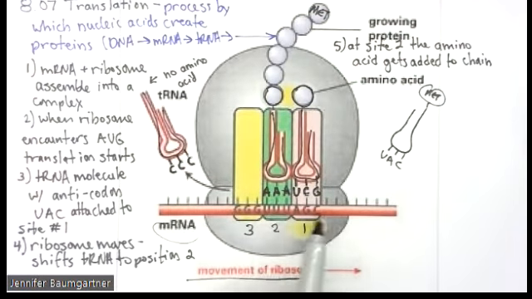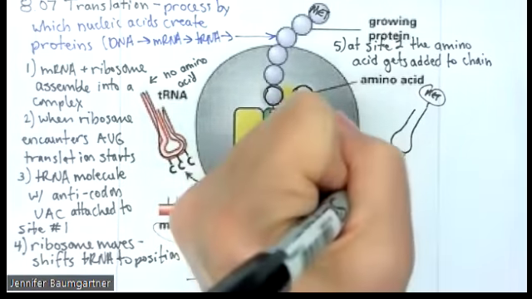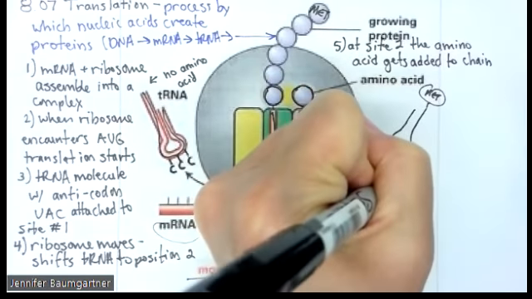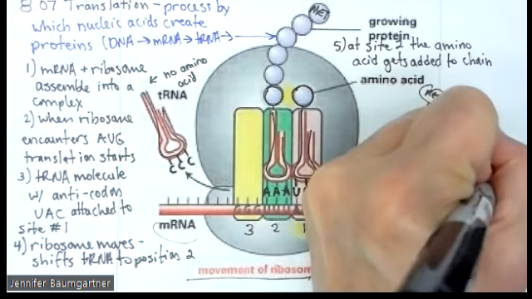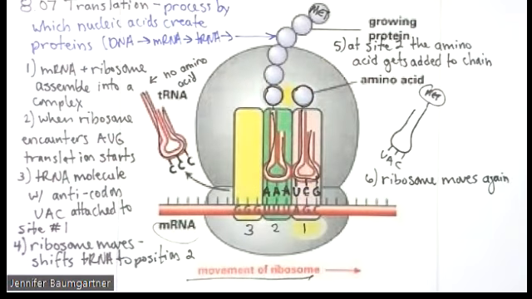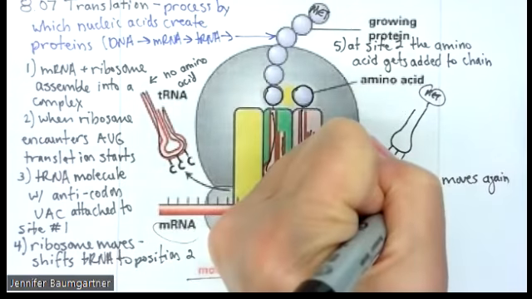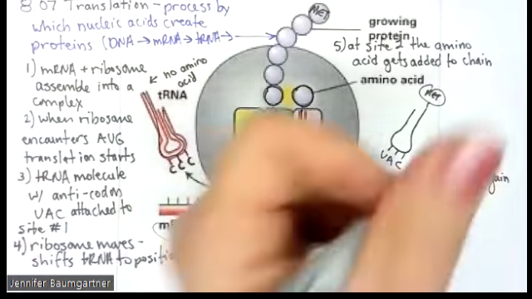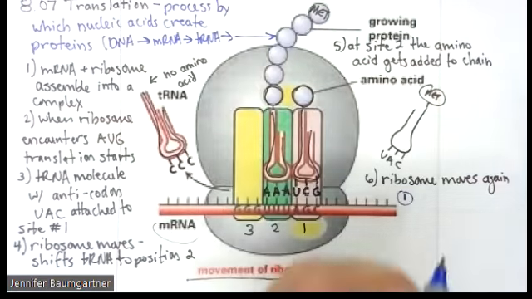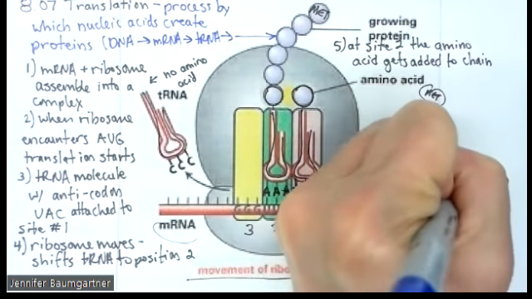So as this moves, the next tRNA comes in and binds to site 1. And then we're going to shift again. So the ribosome is going to move again. And what we're going to have is at this first site, site 1, a new tRNA is going to come in.